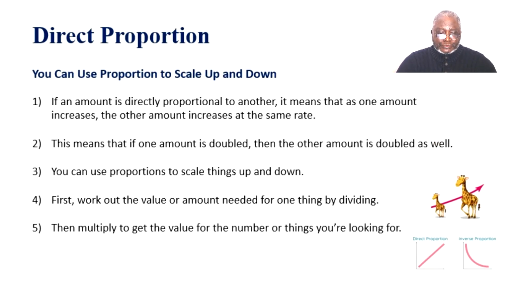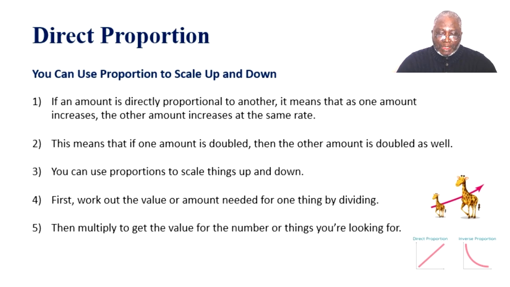Direct proportion. You can use proportion to scale up and down. If an amount is directly proportional to another, it means that as one amount increases, the other amount increases at the same time. They're going in the same direction.